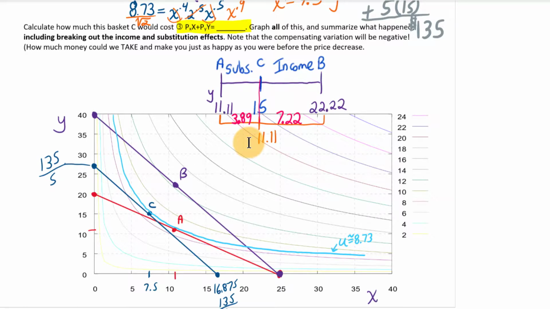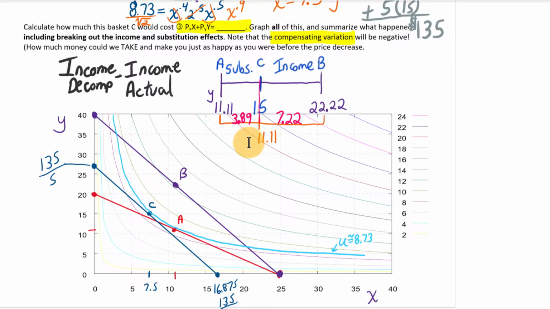And the compensating variation, again, that's how much money we could take away from this person. And the formula for that is how much income after. So we'll say the income that is represented by the decomposition basket minus the actual income.